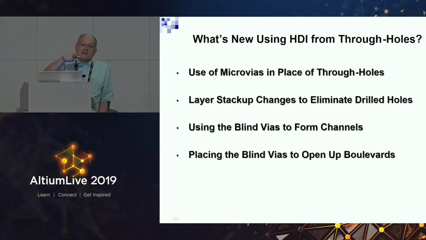So you merge layer 2 ground with layer 1. You move ground up to the surface. Well, now I don't need a via to connect to ground. And you take power that's in the middle of the board and you move that up to layer 2. So that connection is a low inductance blind via. And layer 3 is the starting of the signal. So one of the easiest ways to get rid of the big via is change your stack up.